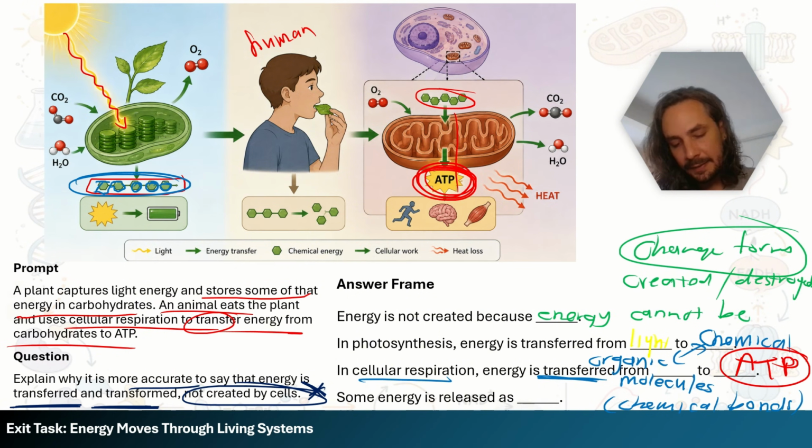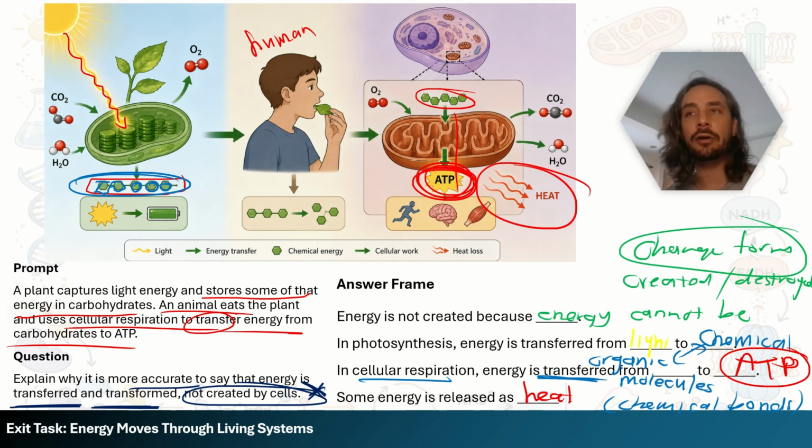And then some energy is released as heat because energy transfer is not 100% efficient. There's always some energy that is lost out of the system, and that energy is not destroyed, it just doesn't stay in the system. So some of that energy is released as heat.